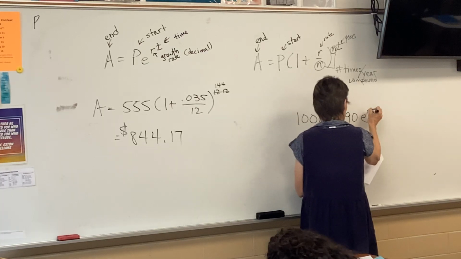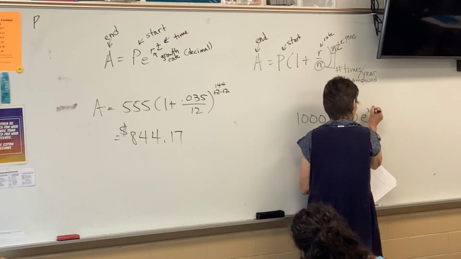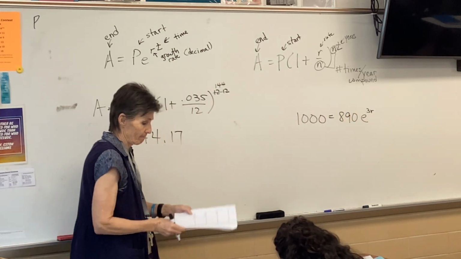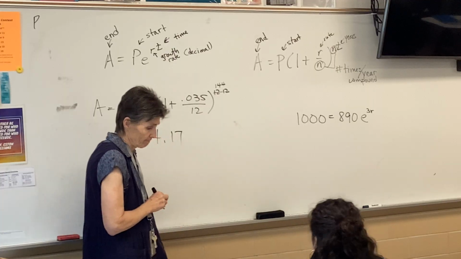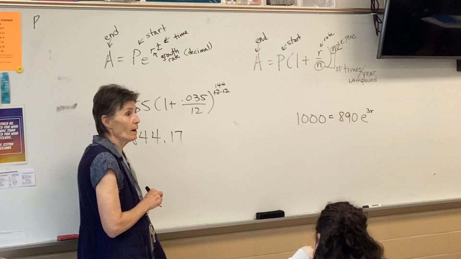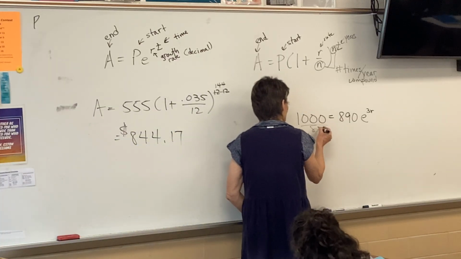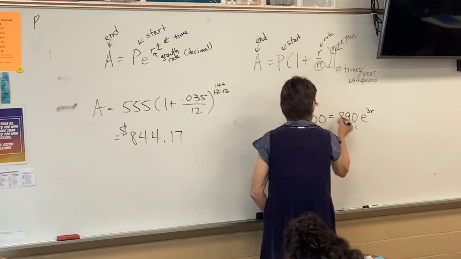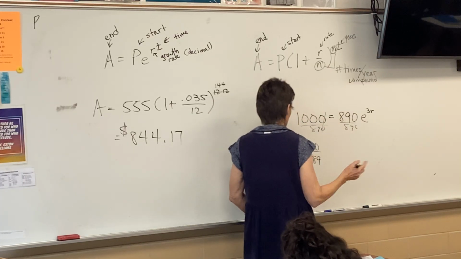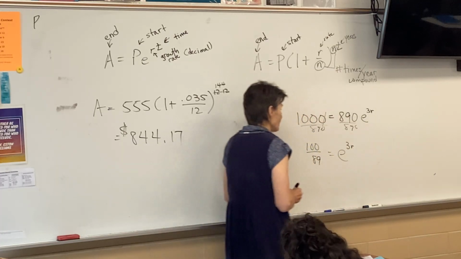I don't know the interest rate, but I know the time is 3. Step 1. Divide by 890. So we have 1,000 over 890. Equals e to the 3r.